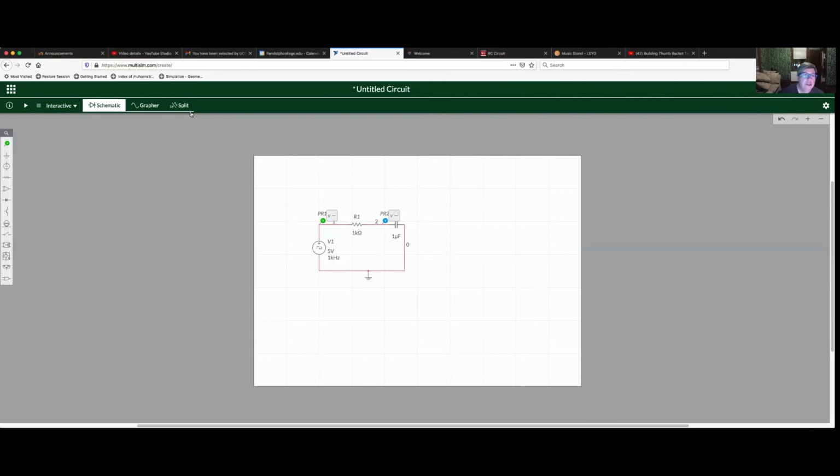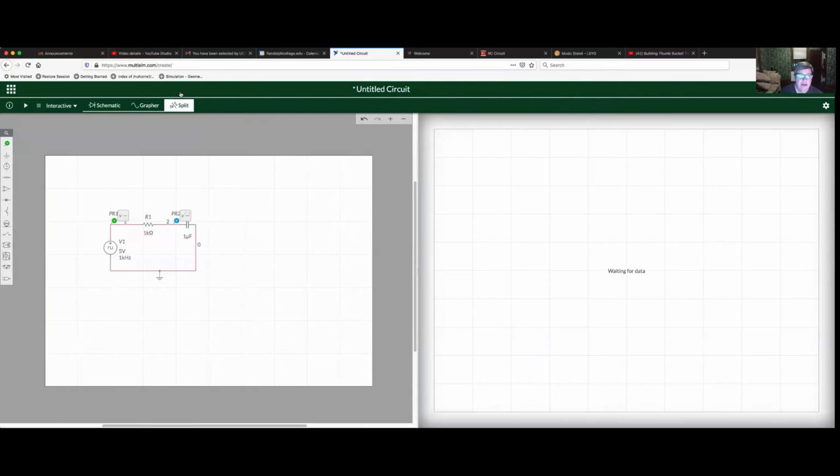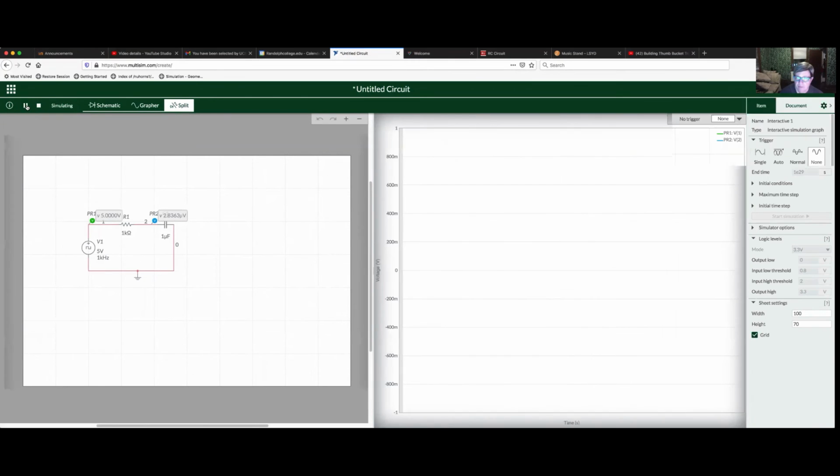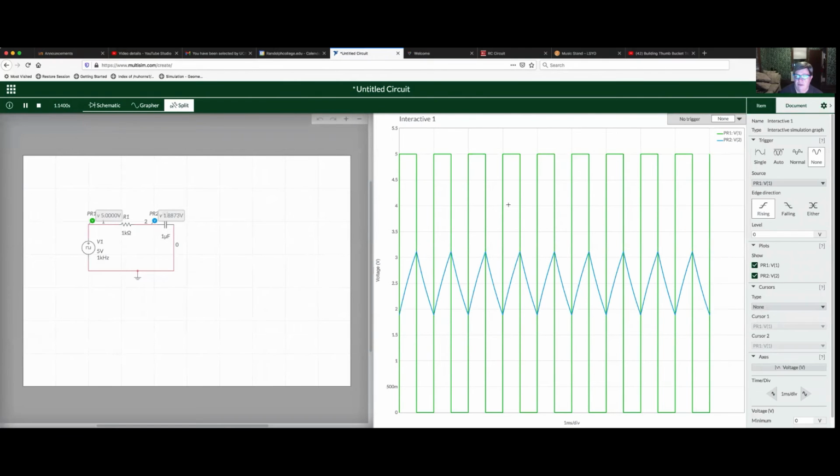Okay, so we want to graph this. So I use the split up here, and I'm also going to turn on the settings for my grapher, and let's just graph. Okay, now it's going, as you can tell. It's just plotting.